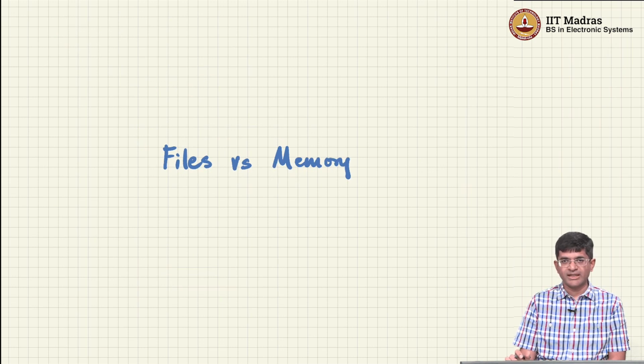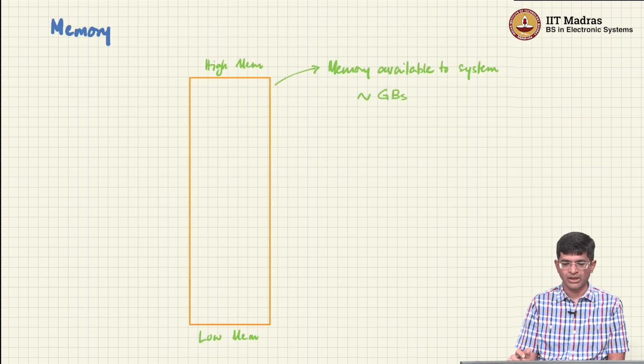Now in order to understand what files are, let us first look at it from a high level, the big picture, and try and understand a contrast between a file and memory.